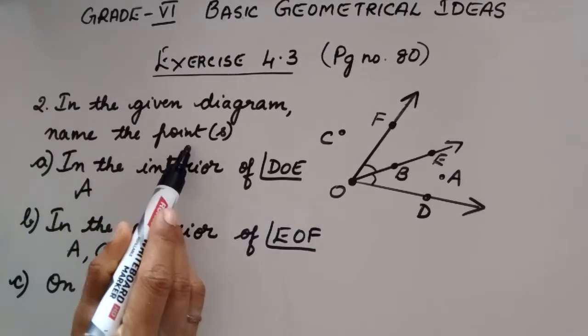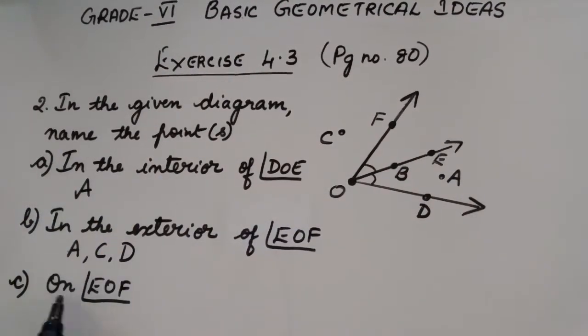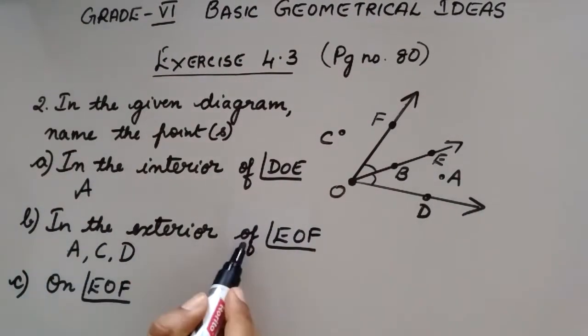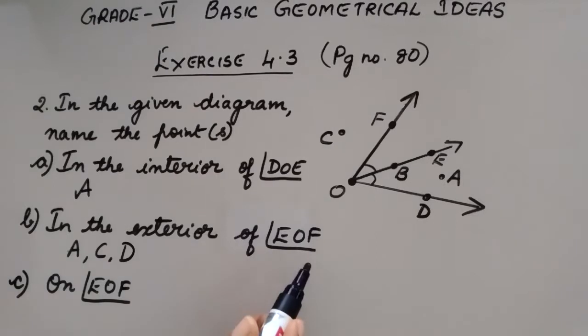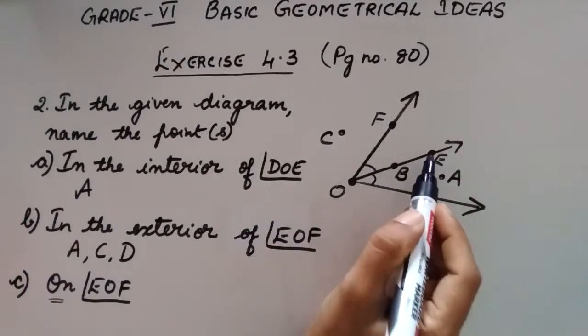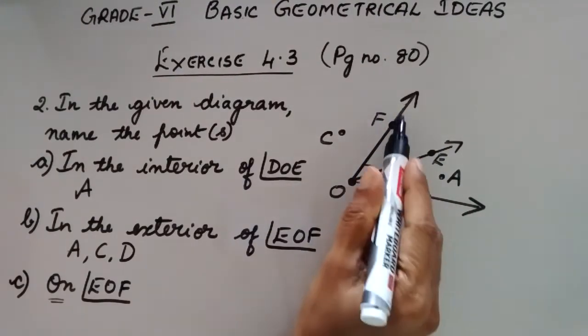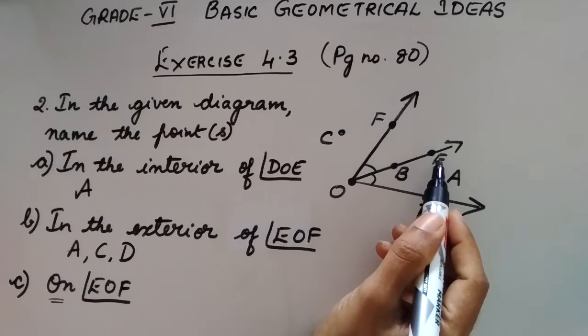And then name the points on angle EOF. Now this was exterior of EOF, it is outside of EOF. Now it is on EOF. Now on EOF, this angle, how many points do we find?